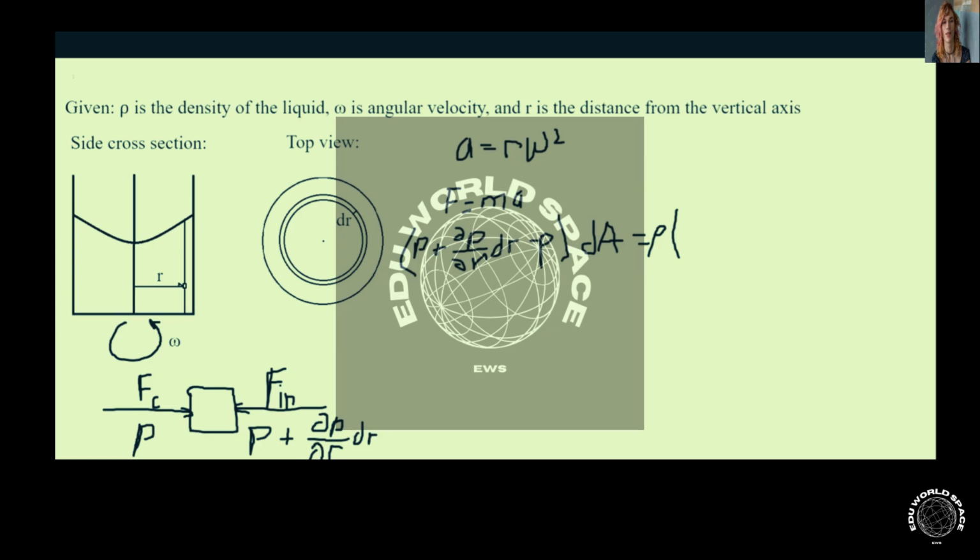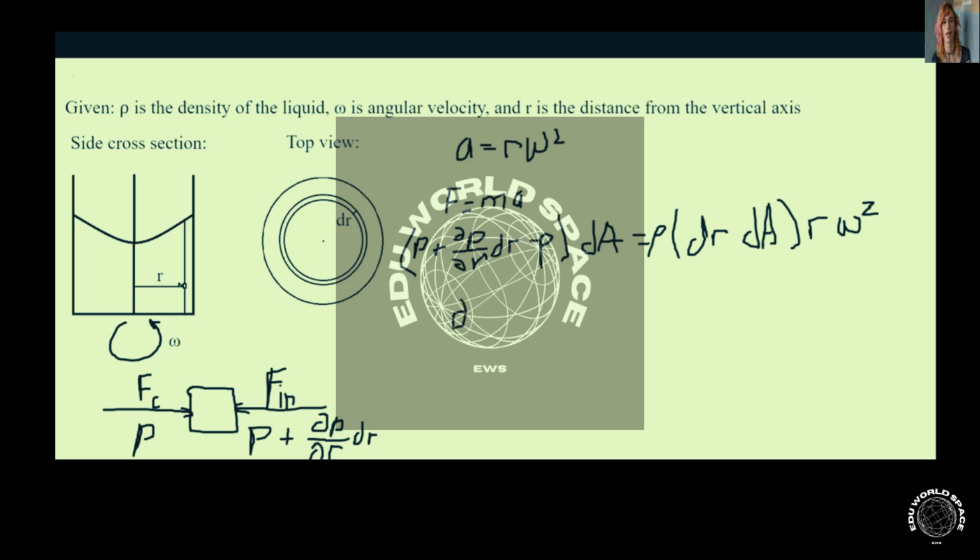We know that its width is going to be dr, and we can get an area, which we use on this side also, dA. So now we have our expression for mass, and all we need to do is plug in acceleration, which is r omega squared.